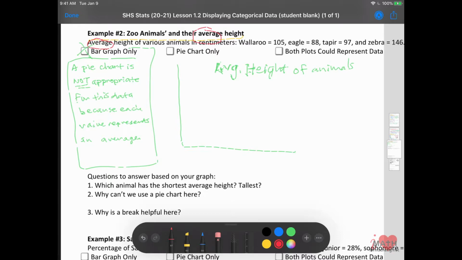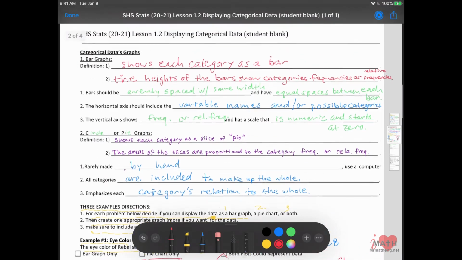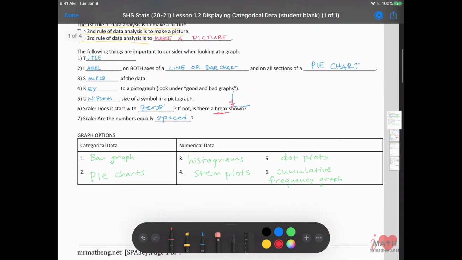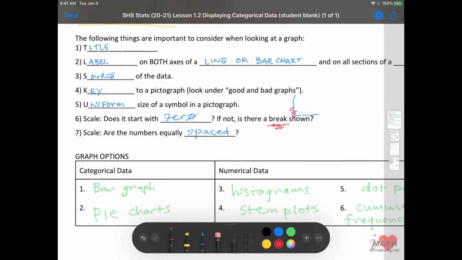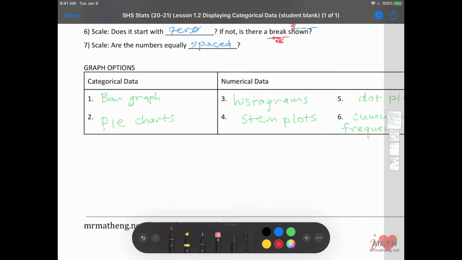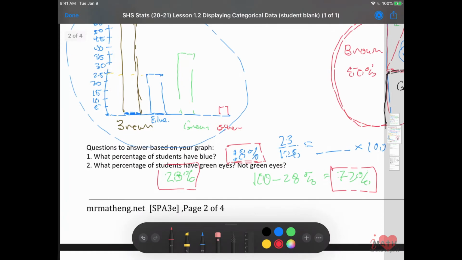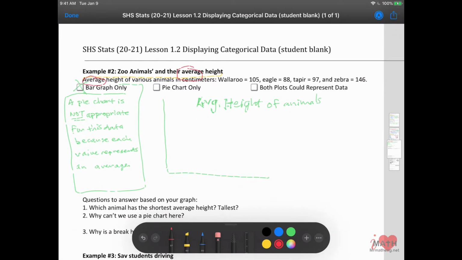All right, so what do we call this above? Here is the break that we were talking about. So I'm going to do that here. If you notice that all the animal average heights, none of them are below 88. So you can go ahead and start there. I don't know if that makes sense. So here is my break.